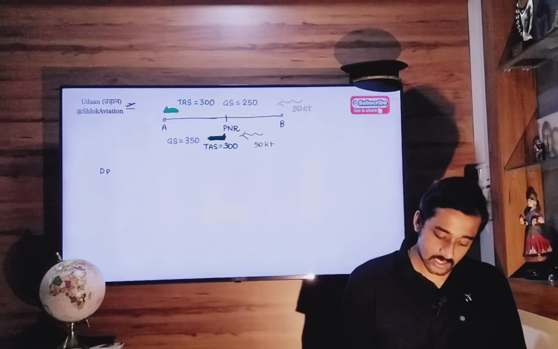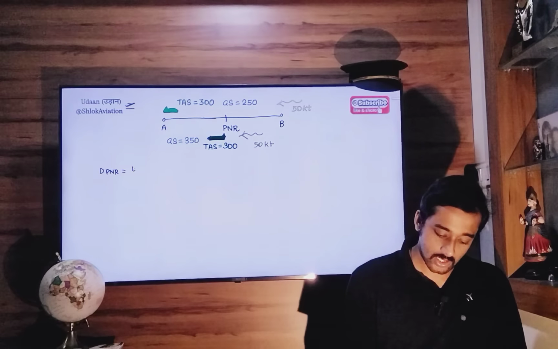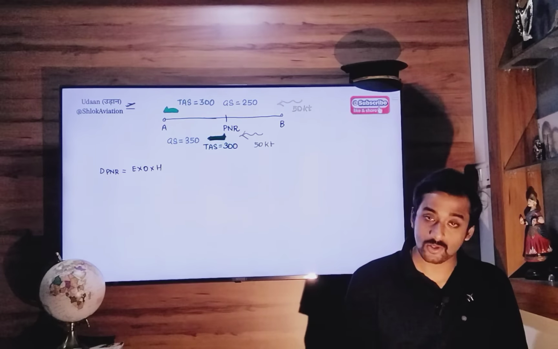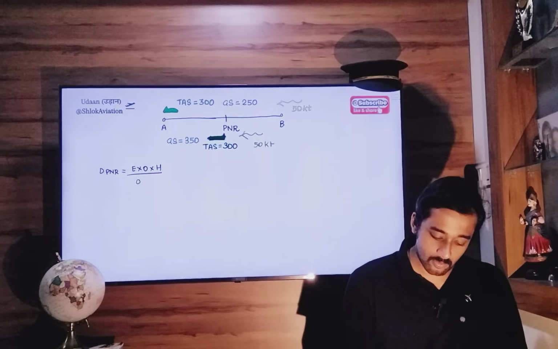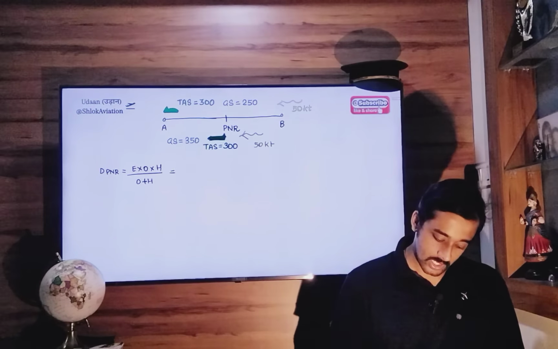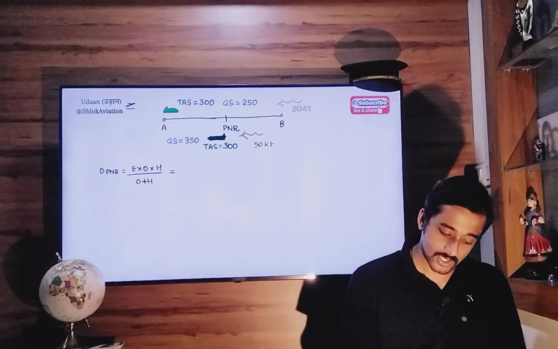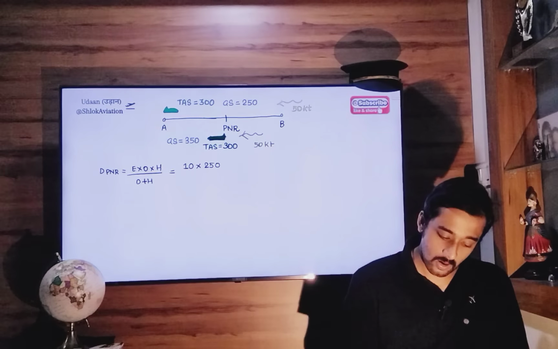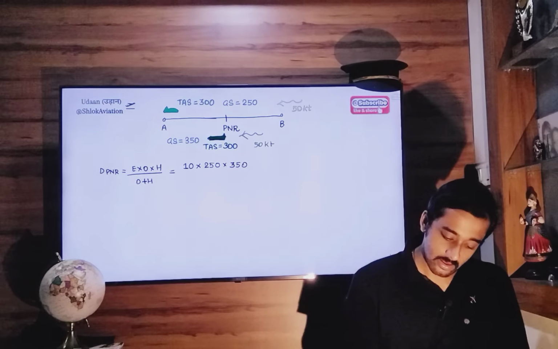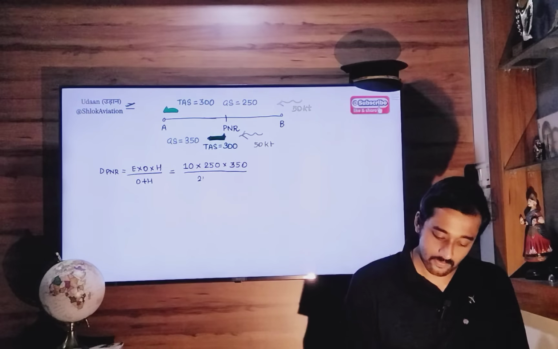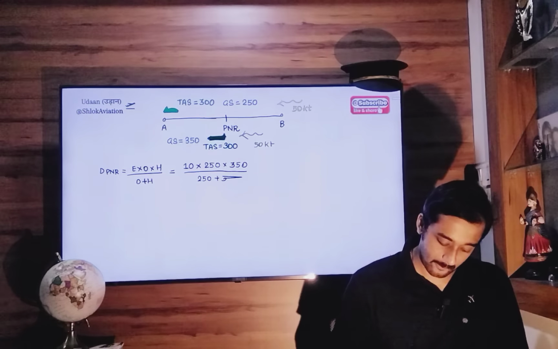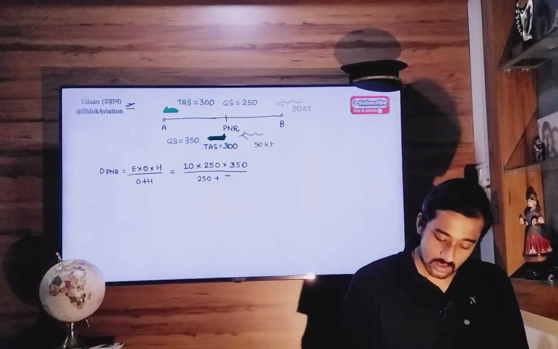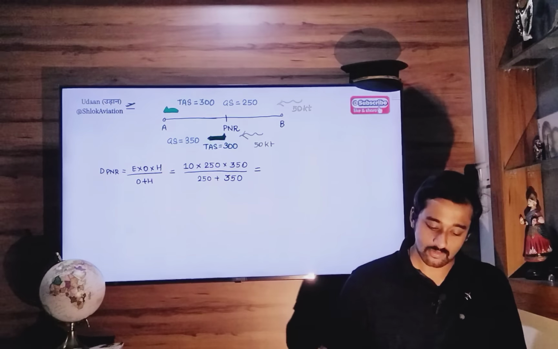Distance to PNR is endurance into outbound speed into homebound speed divided by outbound plus homebound. What is endurance? It is 10 hours. Outbound speed 250, homebound speed 350, divided by 250 plus 350.